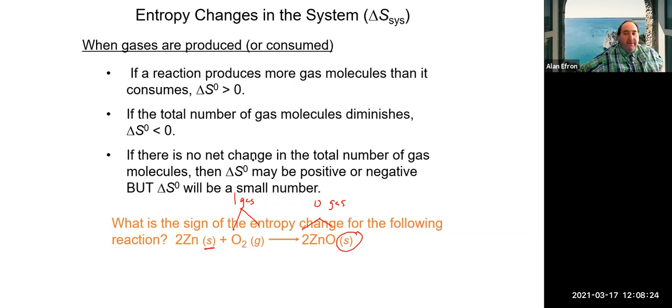So that would definitely increase the order and decrease the disorder, and we would expect the delta S in this case to be less than 0, or negative. Any questions on that?